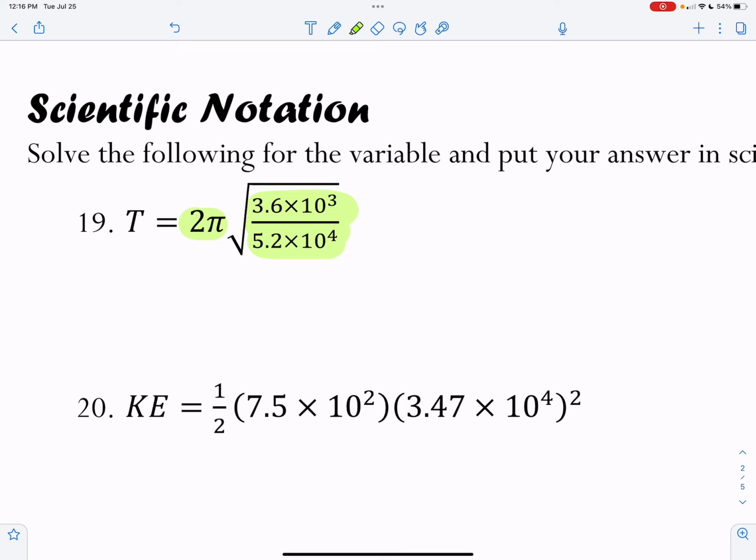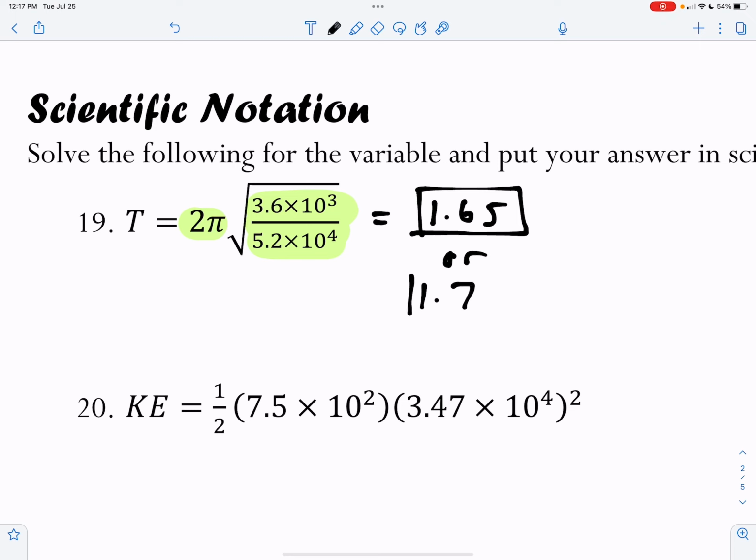And you should get a number of about 1.65, okay? If you want to round it up to 1.7, that would be fine as well. 1.7 would be the proper number of significant figures, but 1.65 would suffice.